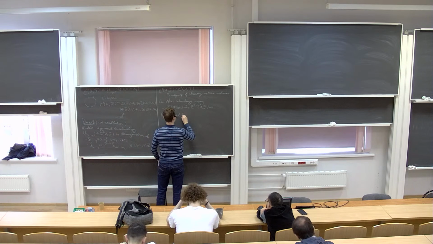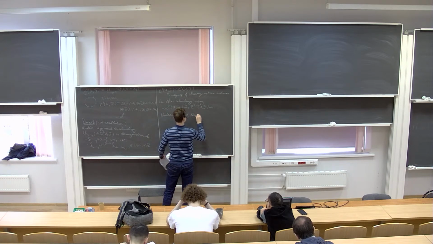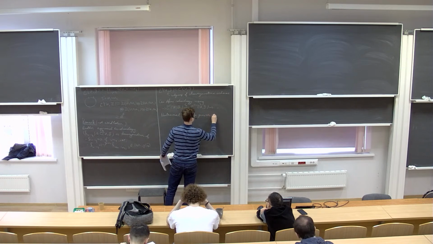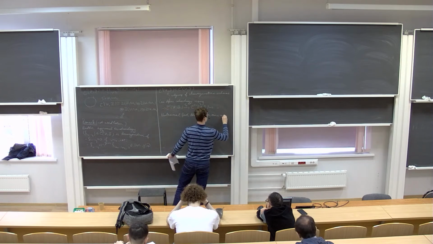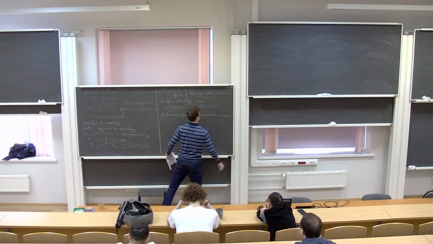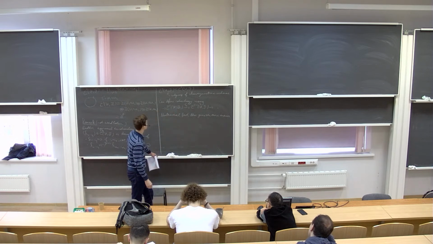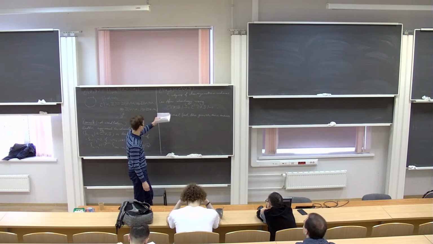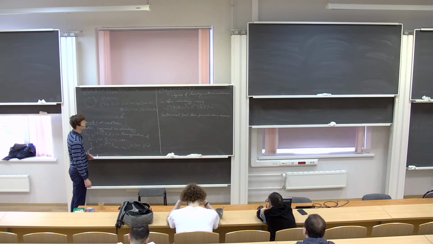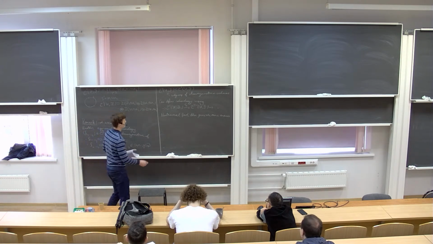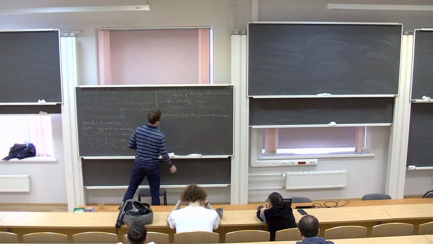So one can define cohomology using skew-symmetric cochains or using our approach, and the answer is the same. But it's not trivial at all.